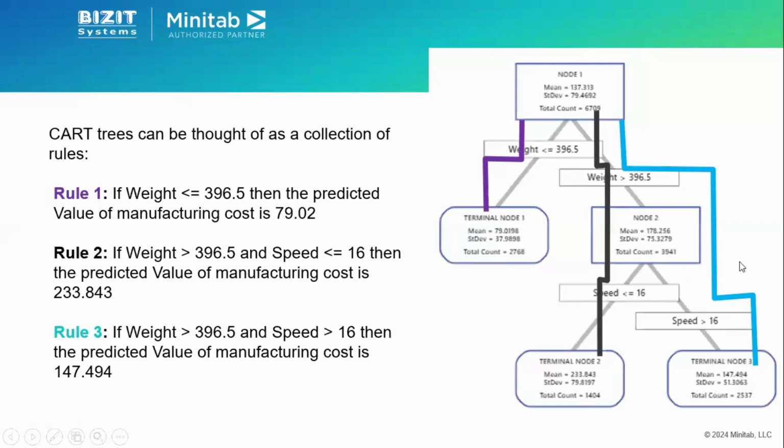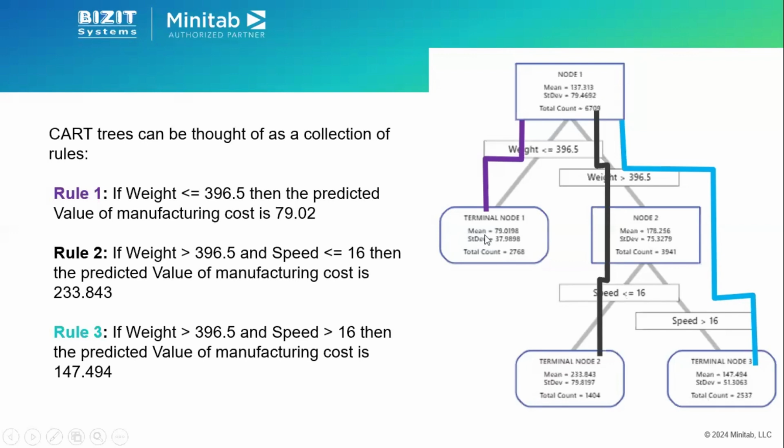So you can imagine it simply with the tree. If, let's say, you have 10 terminal nodes, it means you have 10 decision rules. From here, maybe you can compare: if you are interested in the lowest manufacturing cost, you want the lesser number, so it will go for terminal node 1.